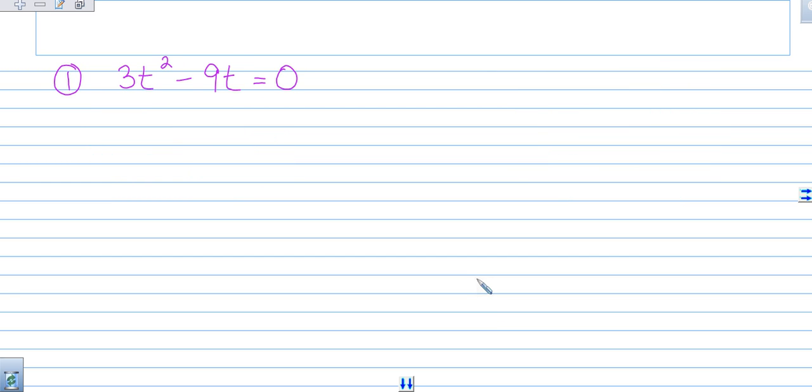Now, what if you get a question that's not in the factored form? Okay? Well, it's your job to put it into factored form. Okay? So step number 1, you need to make sure the problem equals 0. That's a must. So see how ours equals 0? Step 1, check.